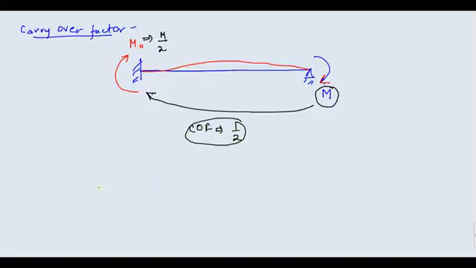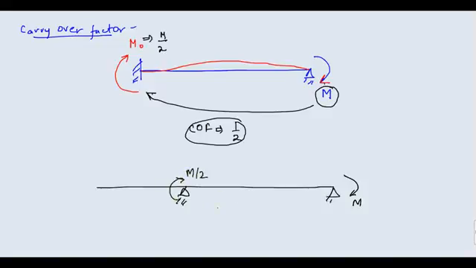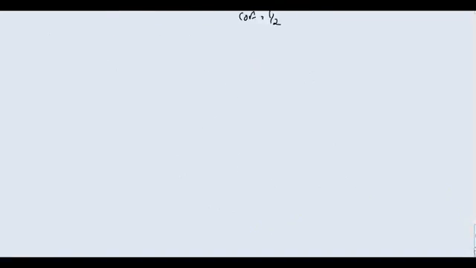Similarly, if this would have been a continuous support also, then your carryover factor would have been 1/2. But let me tell you about this case. Suppose you have a beam like this, with a fixed support here and a pin joint here.